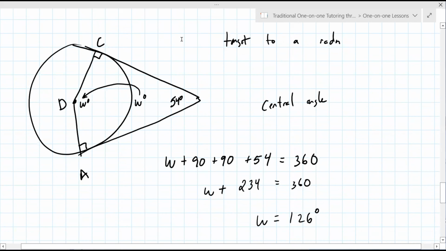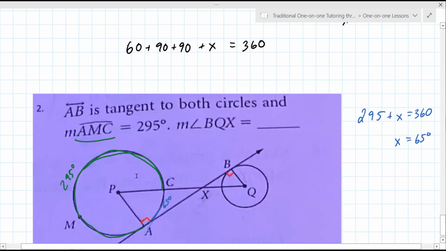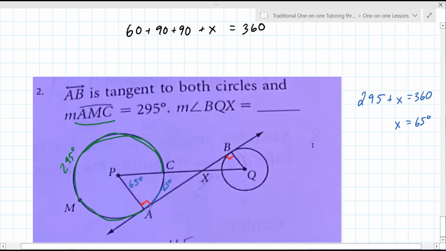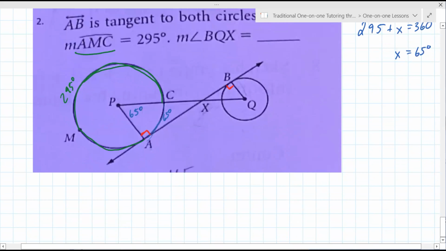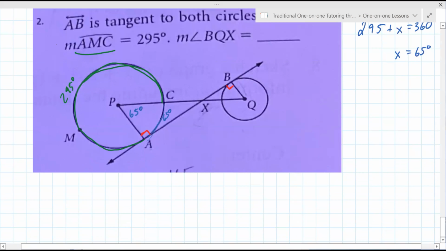So is it also 65? Yes. Okay, now I'm looking at that. I was not looking at that properly. Yeah, that's 65. Sometimes you gotta disconnect from the drawing and you're like, okay, that's 65 degrees.